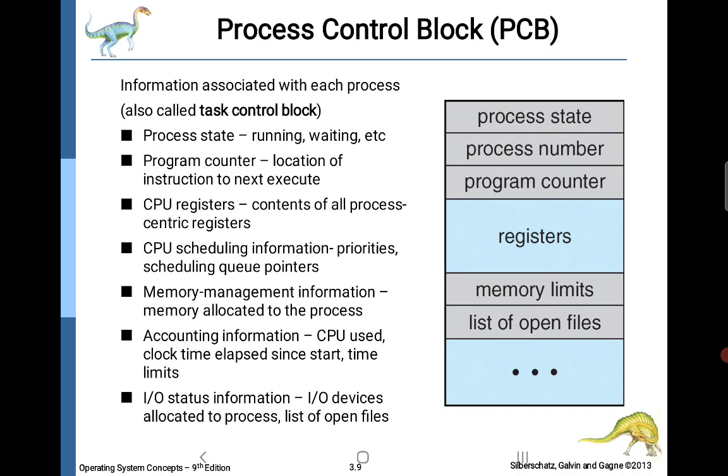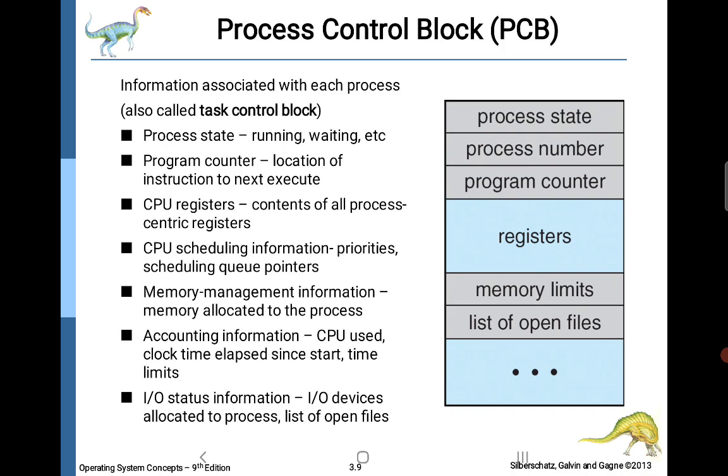Because if there is no means of saving the state of the process, that means each time the process leaves the CPU, it will start running from the beginning. This created the need for a record of a kind, a struct that is called a process control block, a PCB.